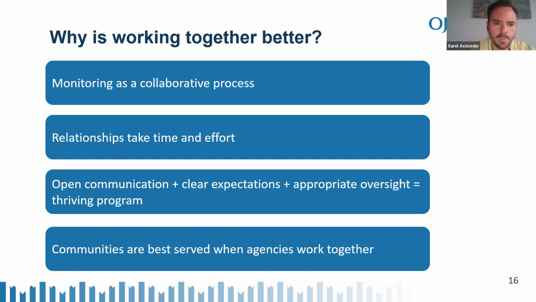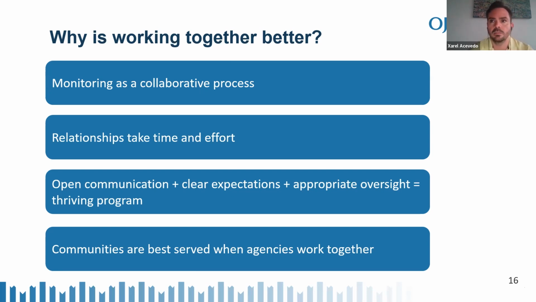Third one says open communication plus clear expectations plus appropriate oversight equals thriving program. Okay, so we like to say that you should always maintain an open communication channel, okay? Also make sure that your subrecipients are 100% clear on what their role is in the program and what is expected of them.